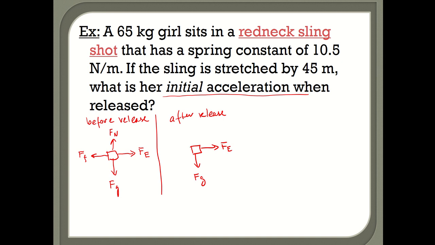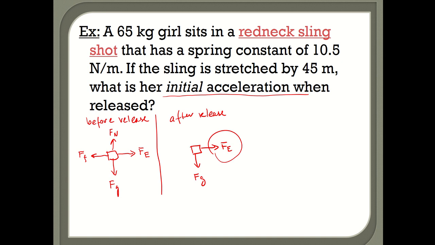So she's in free fall basically, and at the moment of release, we only care about these two forces, or actually really just this one. That's the only force that's actually going to make her go, let's say, in this case, to the right.